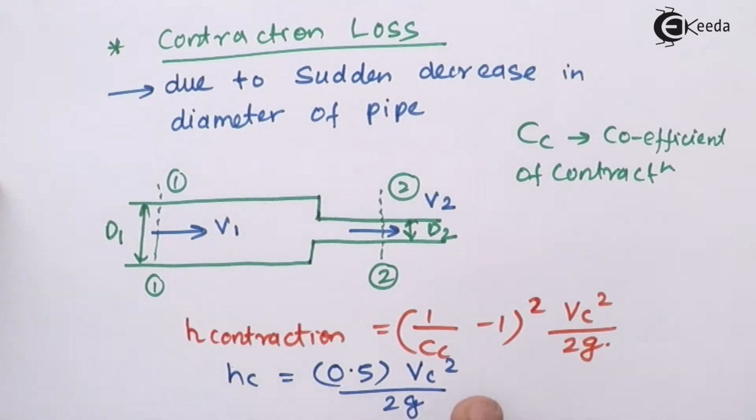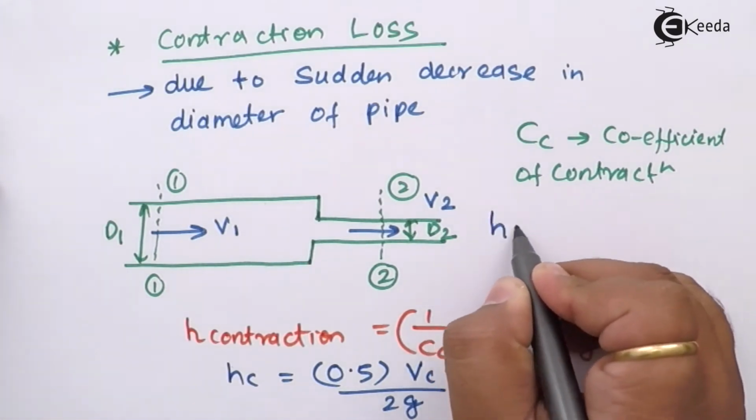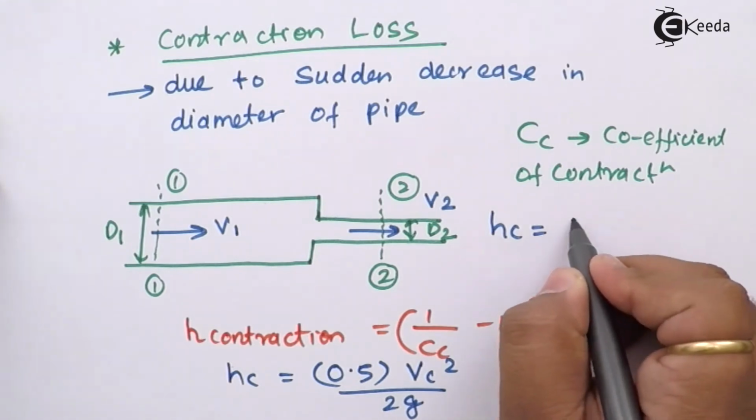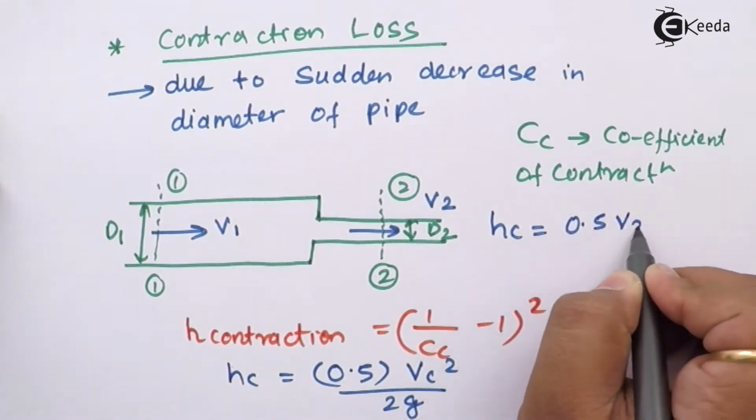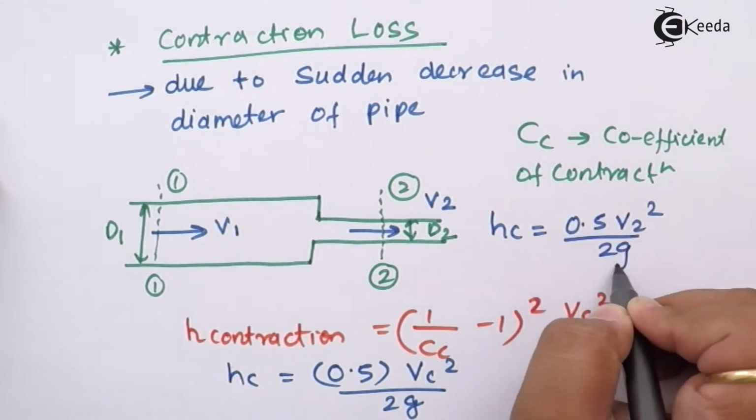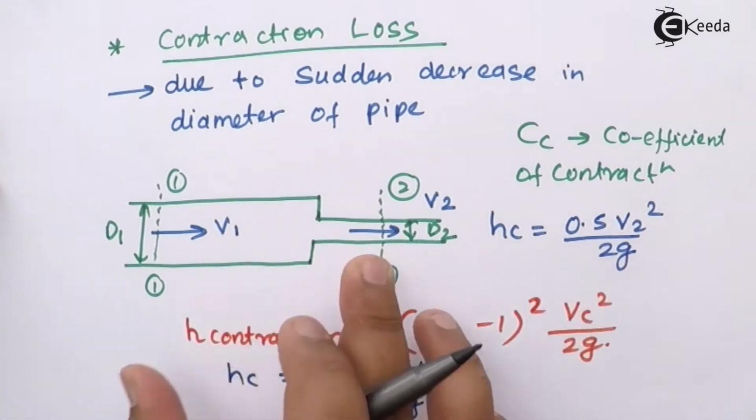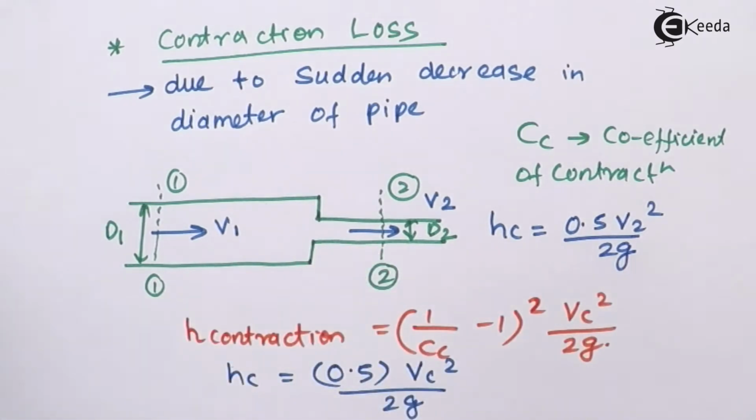Now, what is Vc square? That is the final velocity after contraction. So we can write this as h of contraction is equal to 0.5 v2 square by 2g. It is the final velocity after the contraction of the pipe, and the loss is called contraction loss.